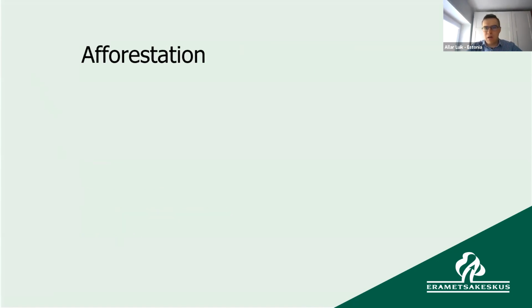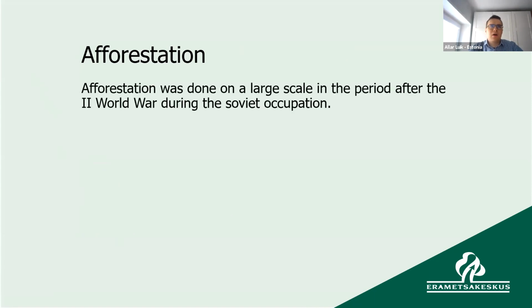So first of all, afforestation, meaning we plant the trees on areas where there was a field or something other than forest before. Afforestation was done on a large scale in the period after the Second World War, during the Soviet occupation.